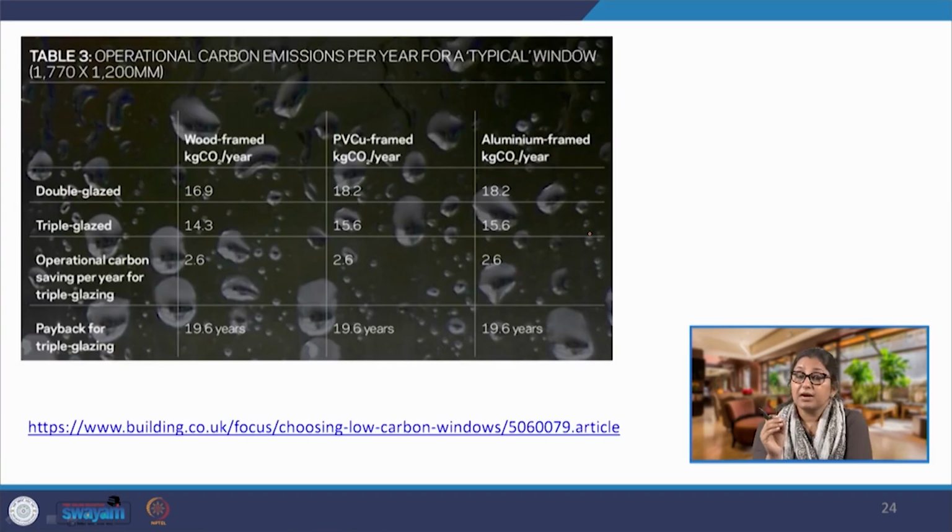So, whenever we are calculating the scope 1, 2 and 3 emissions for any business, any company, we have to clearly know the processes that are associated even with the materials that are going to go into the making of the building specifically. So, we will stop here, and I hope that we have a clear understanding of how choice of material will play a role in reducing the overall emissions.